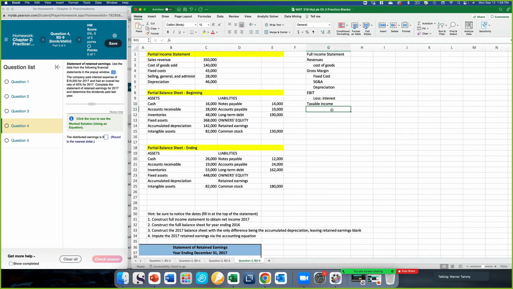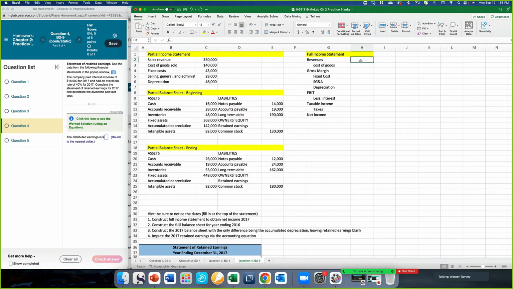And then subtract out taxes. And that gives you net income. Okay. So now let's go ahead and fill in all these numbers, okay?